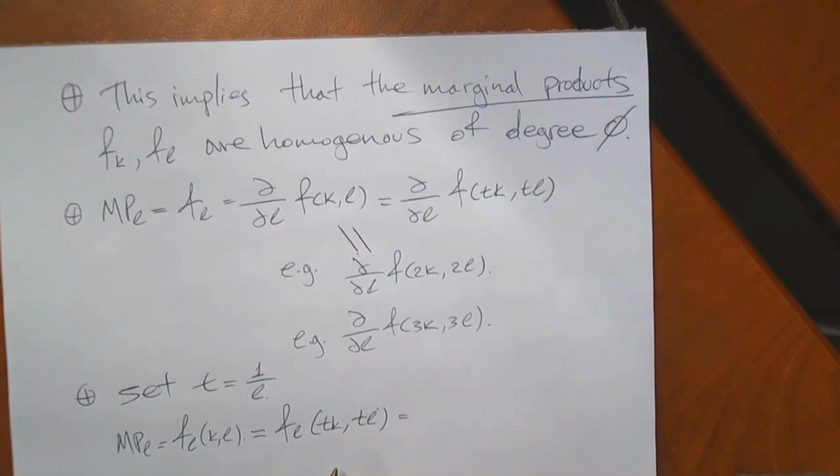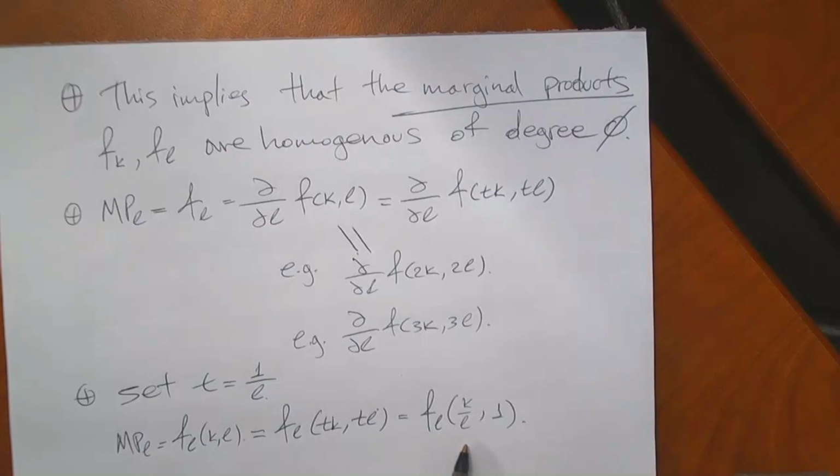Because we've set t equal to 1 over L, if we put it in this expression, this is going to be K multiplied by 1 over L. That's going to be K over L. And then this one is going to be t, which is 1 over L, times L. That's going to be 1. Now, when you have a functional form with one of the arguments becoming a constant, that's not an argument anymore in the production function.